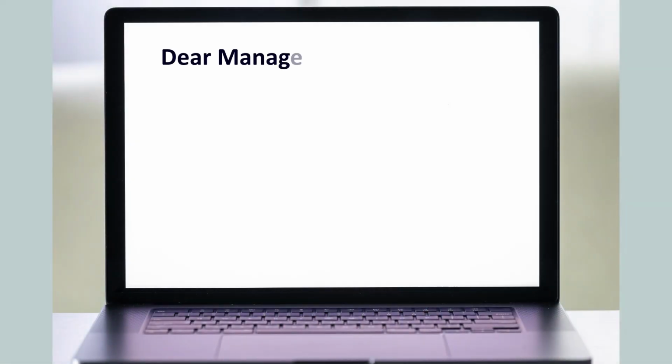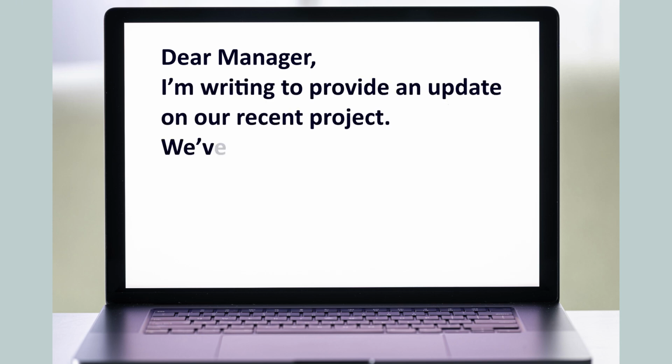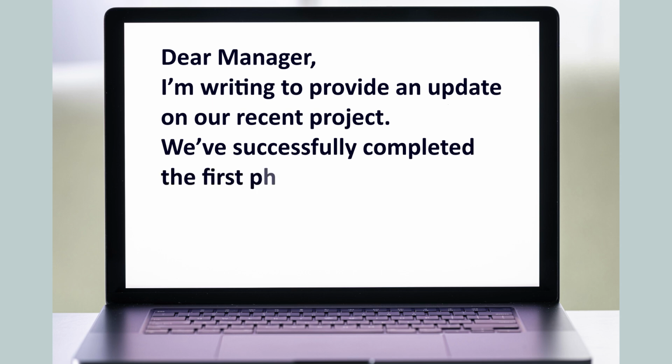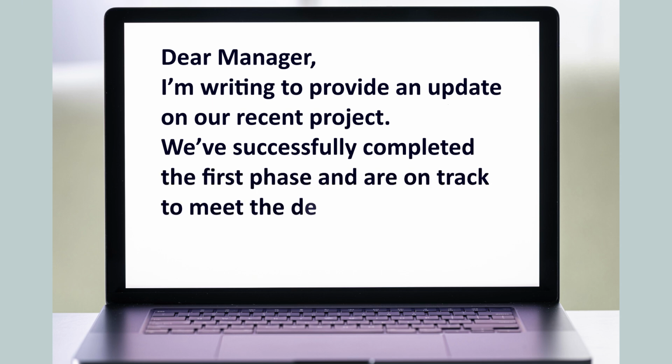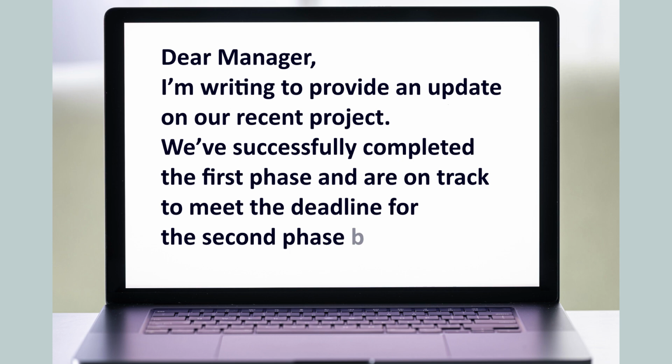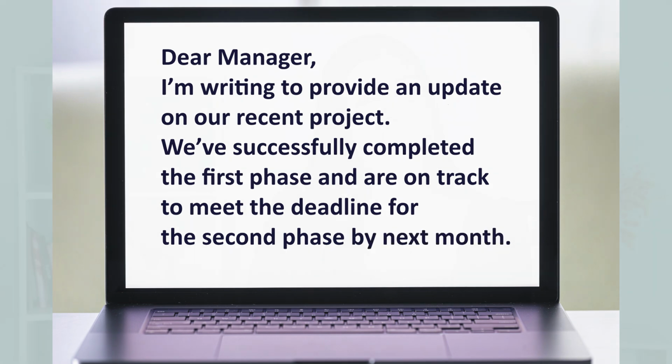For example, "Dear manager, I'm writing to provide an update on our recent project. We've successfully completed the first phase and are on track to meet the deadline for the second phase by next month." How do you feel about your reading and writing skills? What's easier for you? Please let me know in the comments.